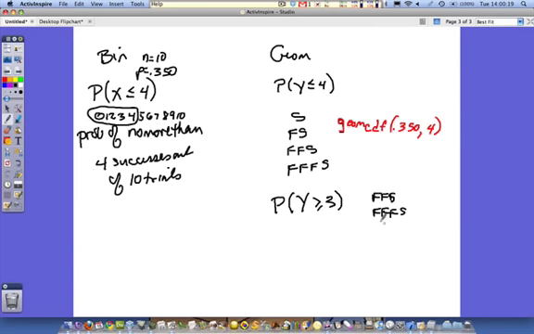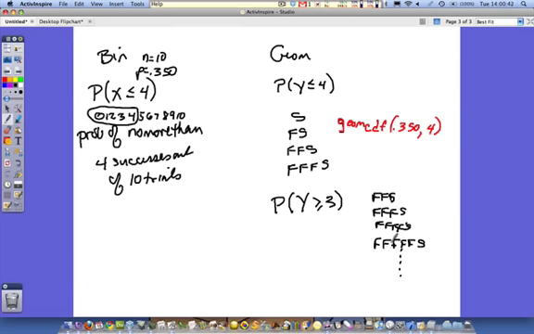Fail, fail, fail, succeed. Fail, fail, fail, fail, succeed, and so on. And it just goes on forever. We could fail a lot of times before we succeed. That's what makes this probability hard to do, because it goes on forever.